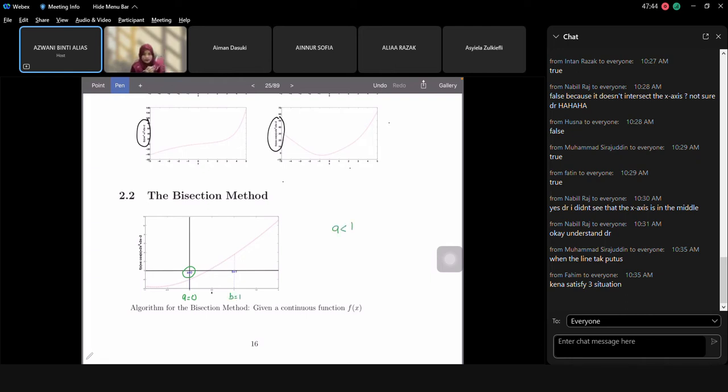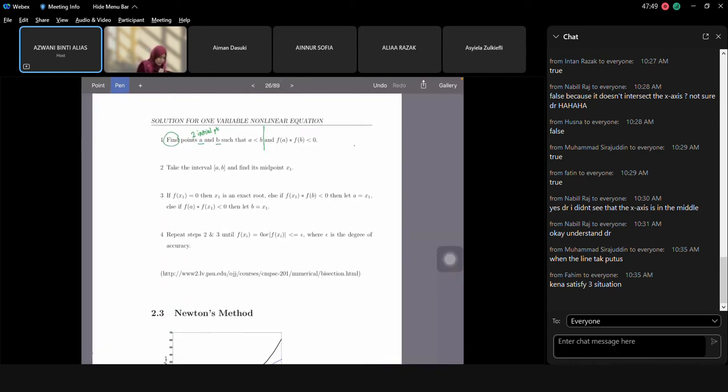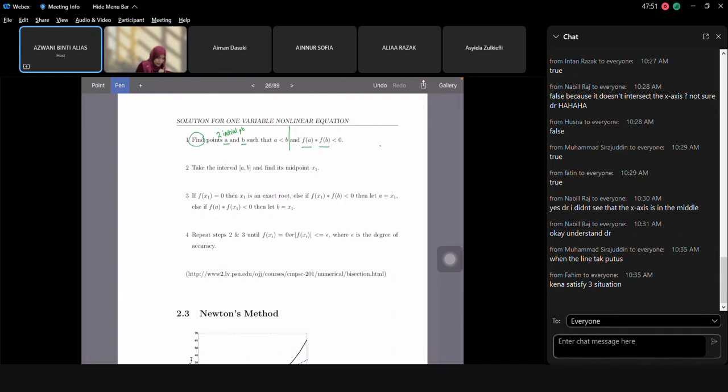The second point, FA darab dengan FB. Multiply by FB should be less than 0. Maksudnya negatif lah. FA ni kita refer kepada value of fx tersebut. Hasil darab 2 ni mestilah negative value.